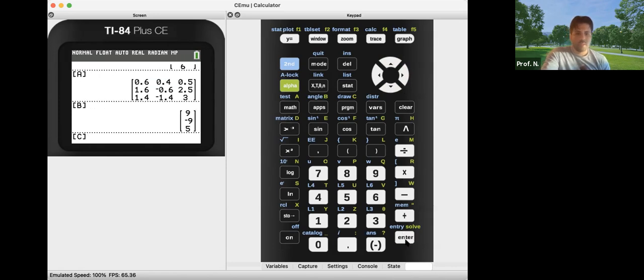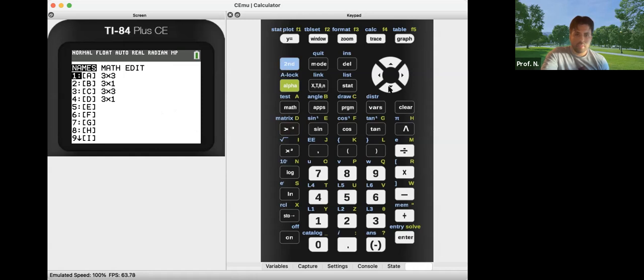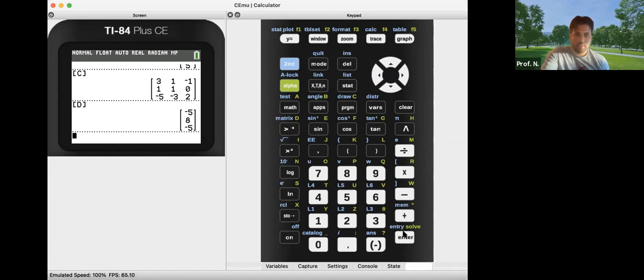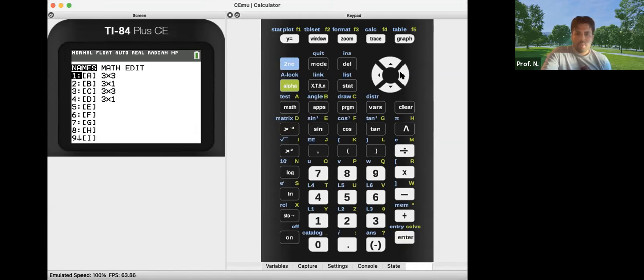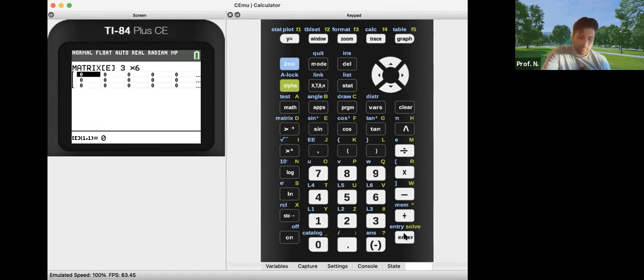C is 3, 1, negative 5, 1, 1, negative 3, negative 1, 0, 2. Yep. And then D is negative 5, 8, negative 5. Oh boy, oh boy. So there's a little discrepancy here. There should be the same numbers. Do you guys get the same thing or do you get something different?